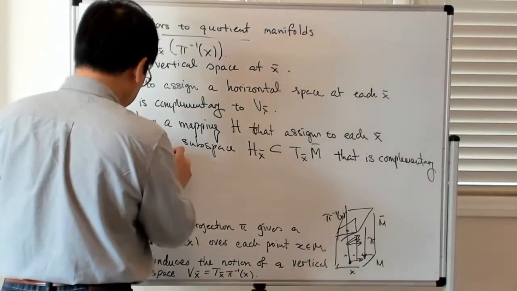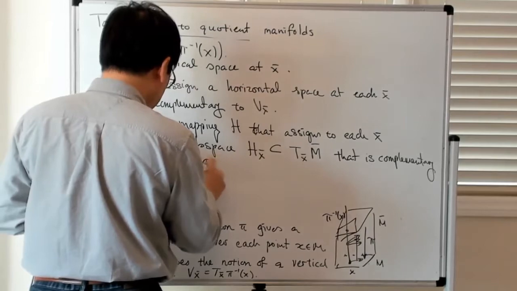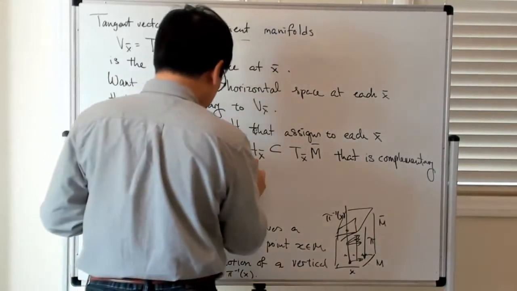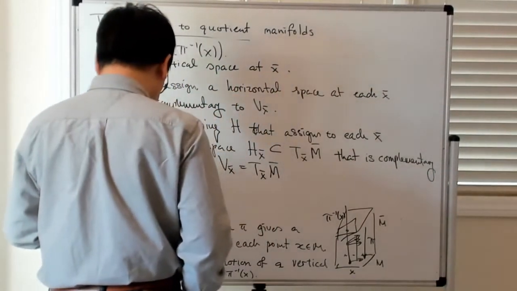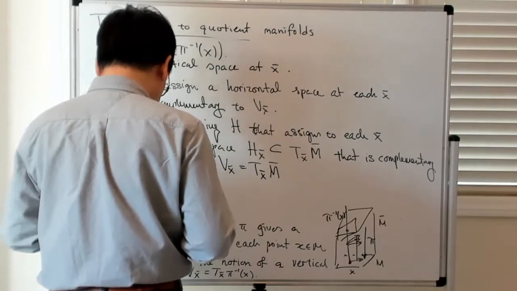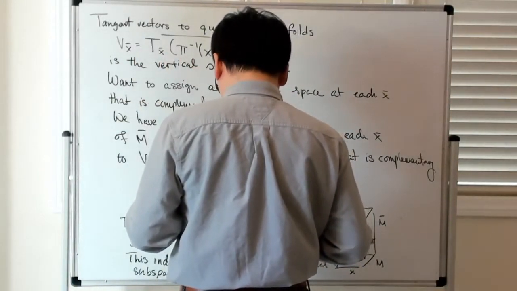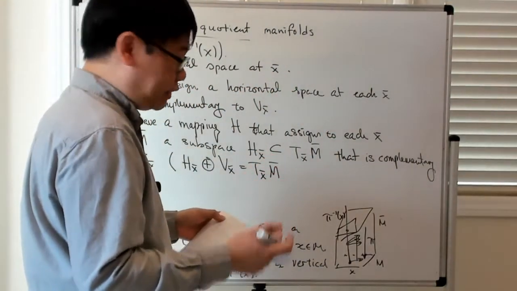What that means is that Hx bar direct sum Vx bar is the entire tangent space Tx bar M bar, and the intersection is just the zero vector.